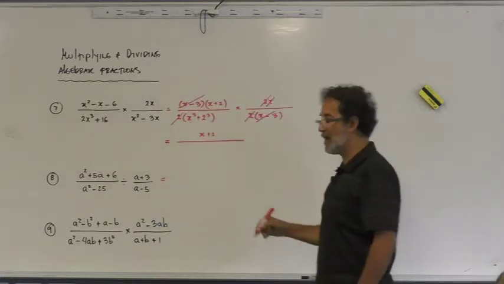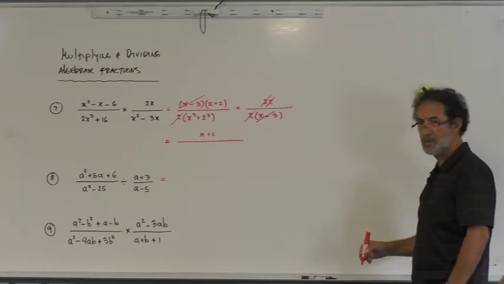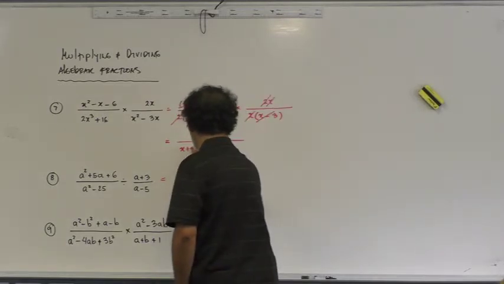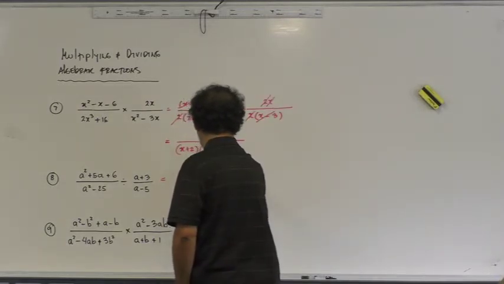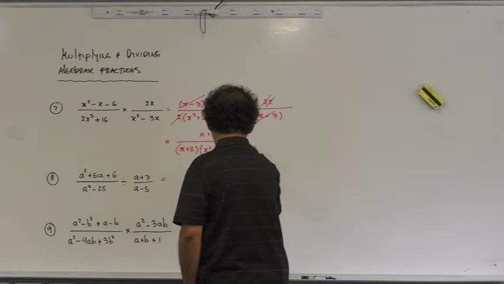And we know that this is x plus 2, x squared minus 2x plus 4.